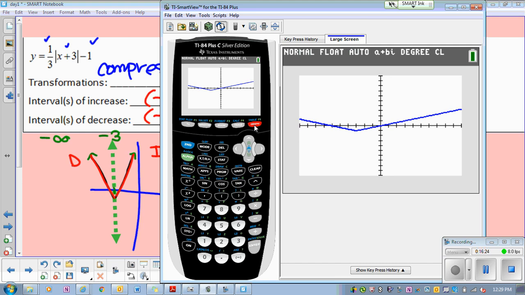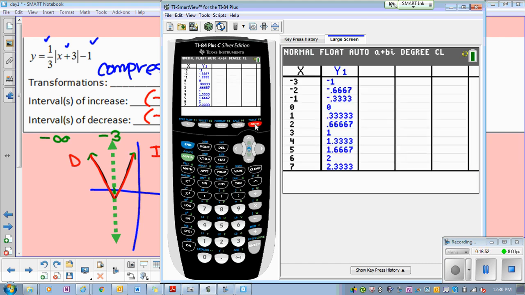My drawing was not to scale, because what I did was I stretched it when I should have compressed it. It was not to scale. If I look for my zeros, or my x-intercepts, there is one at 0, 0. And it looks like there's another one at negative 6.